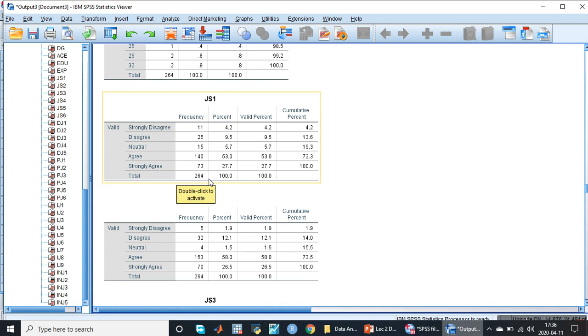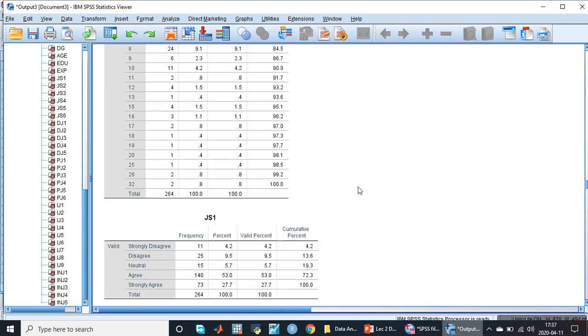And it made the total observation of 264. So 4% were strongly disagree, 9.5% were disagree, 5.7% were neutral, 53% were agree, 27% were strongly agree. So it made a total of 100%.